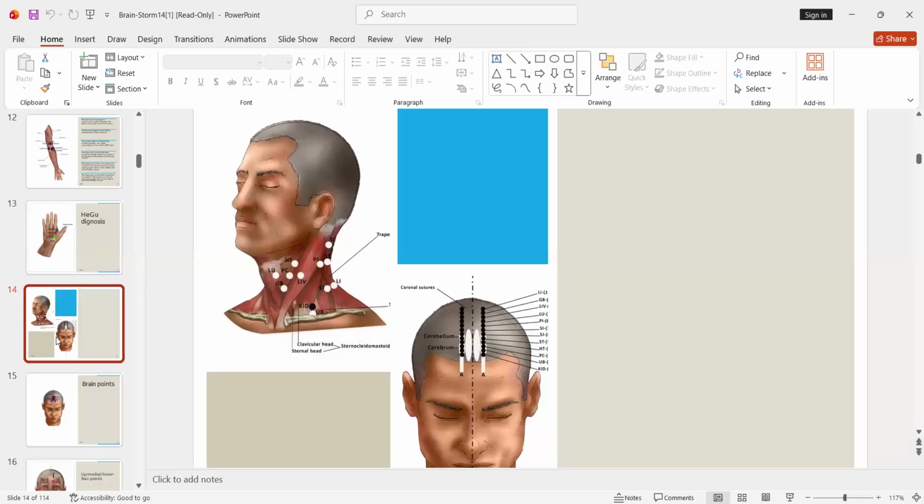Here you can see the neck diagnose and cranial nerve points. When you're doing neck diagnose, you find the painful area on the neck, then you have to put needles according to neck diagnose on the cranial nerve points.